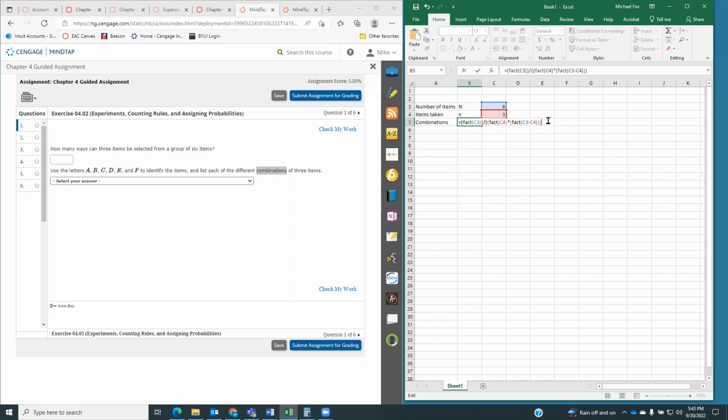Then we close that and close that. That would be the formula if we wanted to make our own calculator, and it would come out to 20 different combinations.